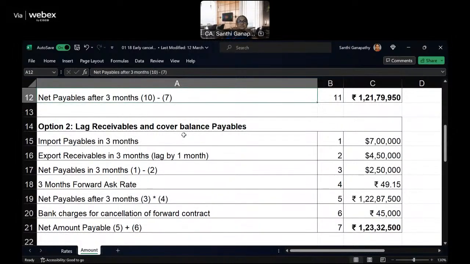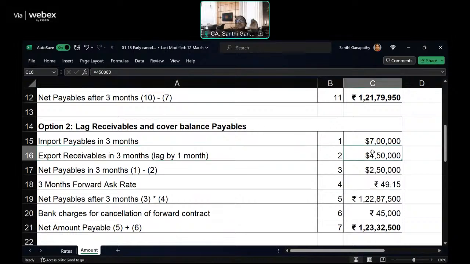So let us see what is the position. I am going to lag the receivables and cover the balance payable. So I will get export receivable in 3 months. This 450 can straight away be used to actually pay 7 lakhs. So the balance 2,50,000, if I enter into a contract, that is enough.